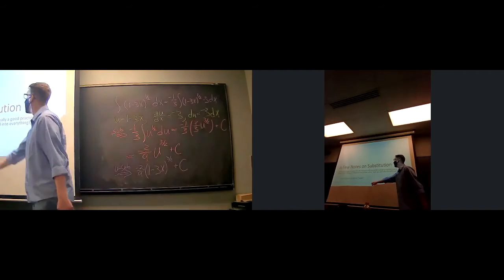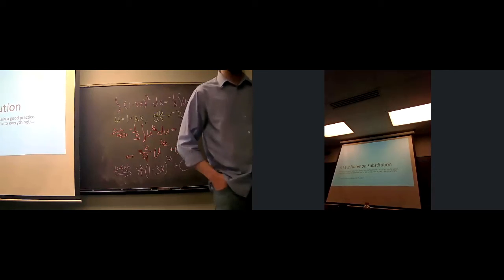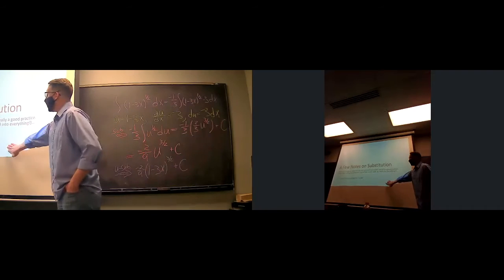So I keep calling it u substitution or u sub. Your book calls it substitution. If you Google this, and I suspect many of y'all will, and I actually would like many of y'all to, because it's a good practice to Google things, it's more commonly known as u sub. Where it comes from is the chain rule.